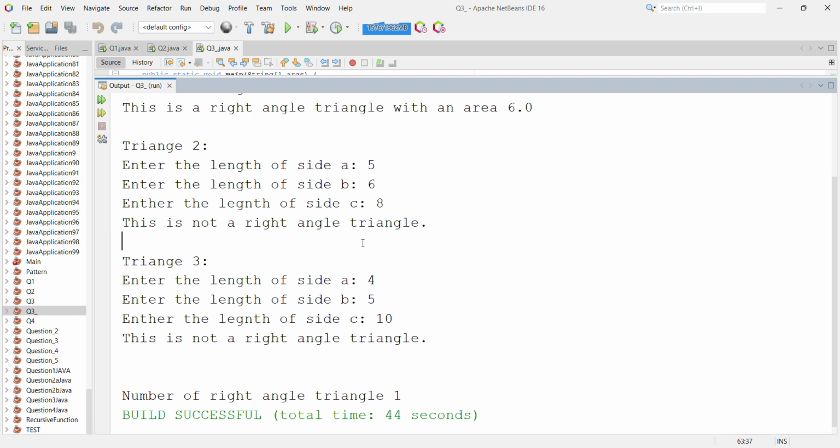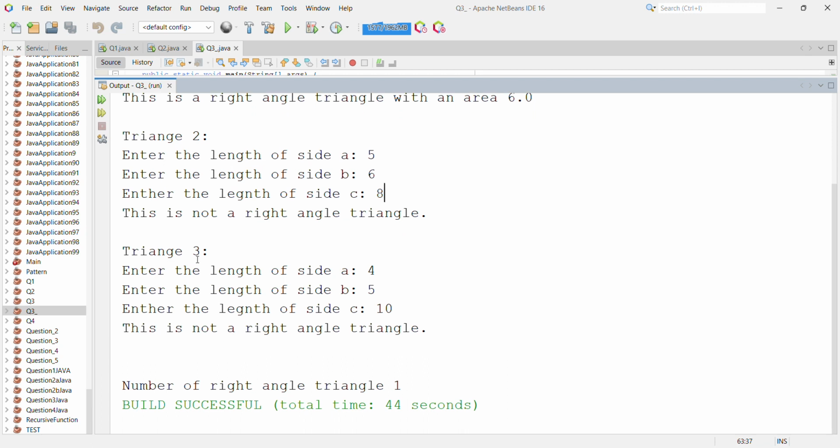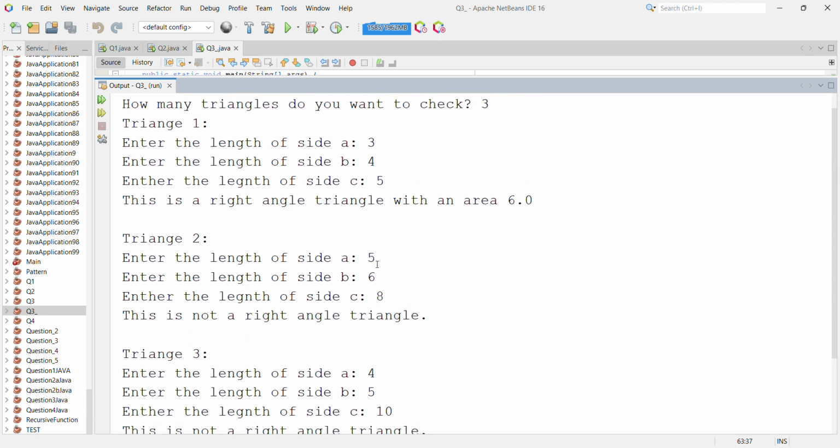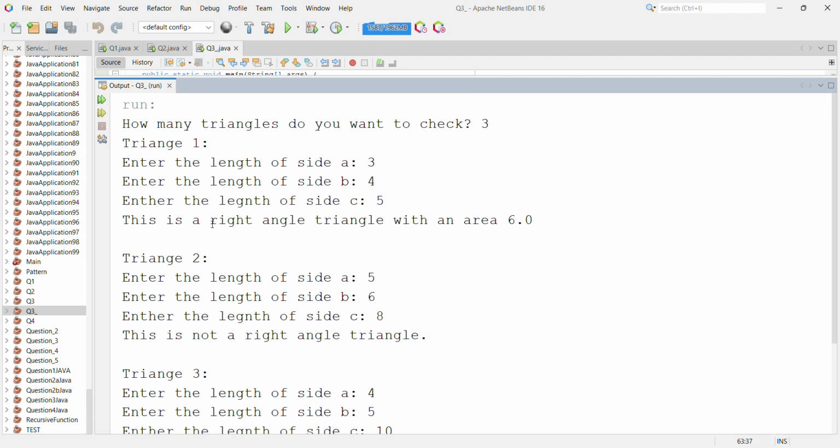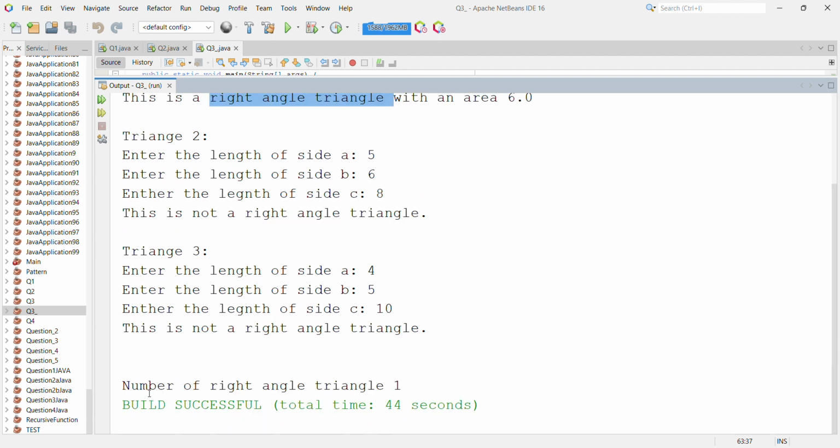That is why there is no area. And final triangle, the length of side A 4, B 5, C 10. This is not a right angle triangle, that is why there is no area. And when we look at the solution, we can say that there is one right angle triangle, so the number of right angle triangles is 1.